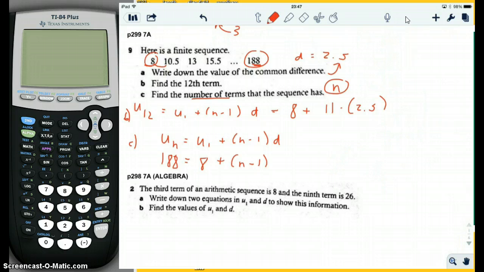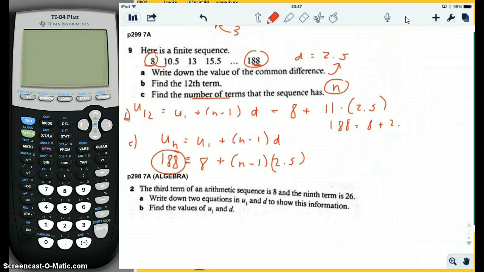We're going to use the last term, the nth term, and d, remember, is 2.5. So now you have an equation, 188 equals 8 plus n minus 1 times 2.5. You just use algebra to solve this.